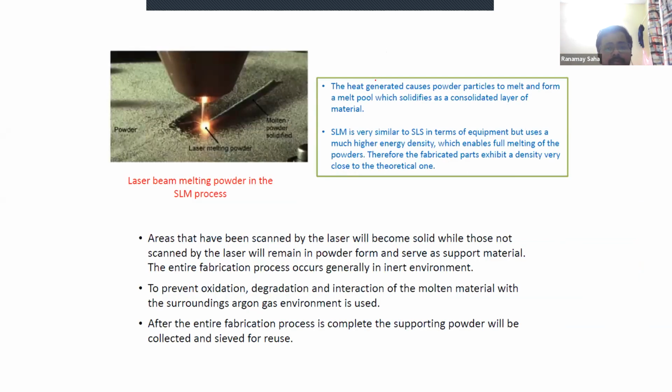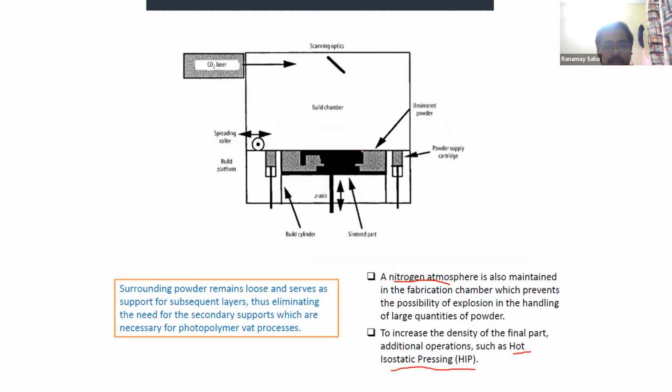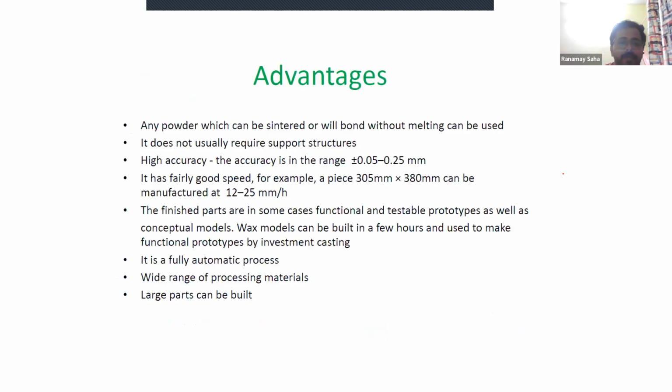Now, looking at the process, the heat generated causes the powder particles to melt and form a melt pool which solidifies as a consolidated layer of material. Okay? Now, SLM is very much similar to SLS in terms of equipment because both use a similar kind of strategy through that piston, or you can say that elevator thing that we discussed earlier.